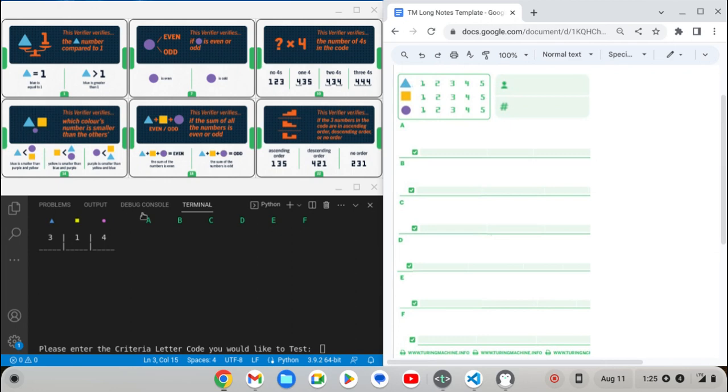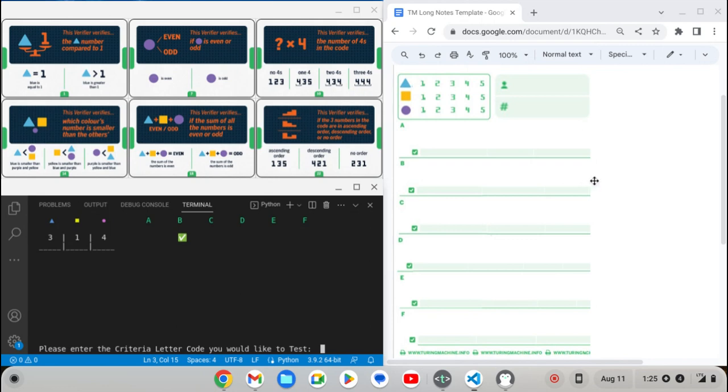And we're going to start off with an initial proposal of 314. So the first thing I want to test is I want to know a little bit more about that last digit. So let's go ahead and test criteria card B. Okay, so if you notice, I did pick an even 4. The Turing machine approves, so it agrees that yes, the digit should be even for circle.